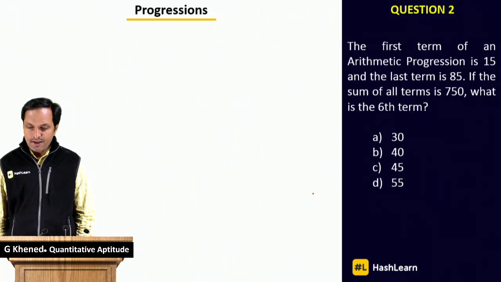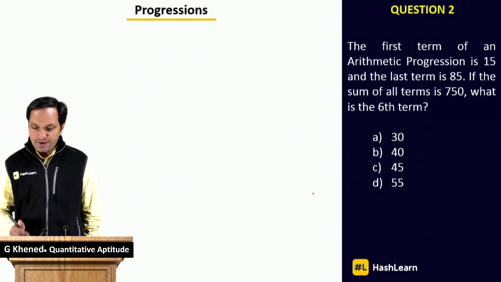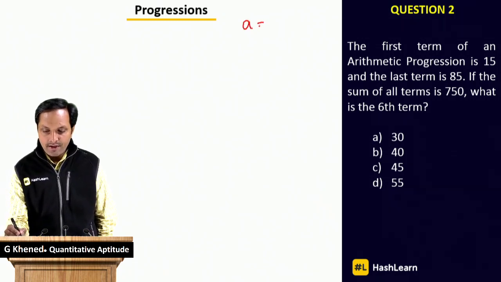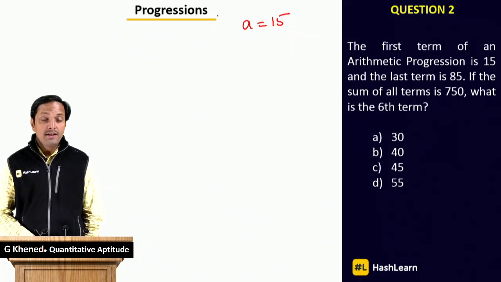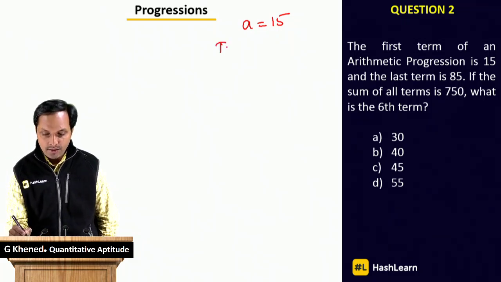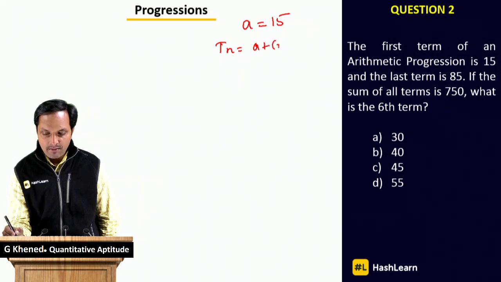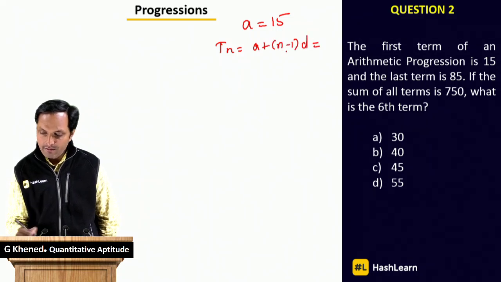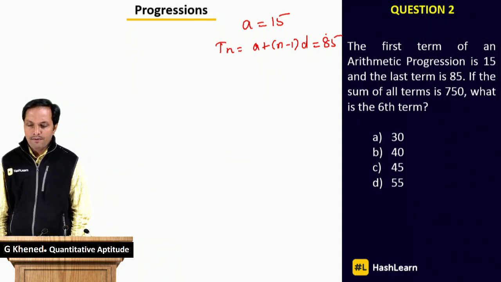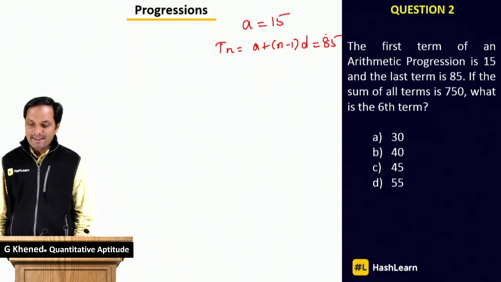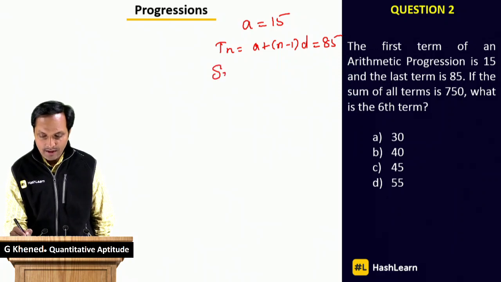The next question is here. The first term of an arithmetic progression is 15. So directly you should write A is 15. And the last term, as I have told you, is nothing but the nth term. So Tn is A plus n minus 1 into D, given as 85. If the sum of all terms is 750, what is the formula for Sn?